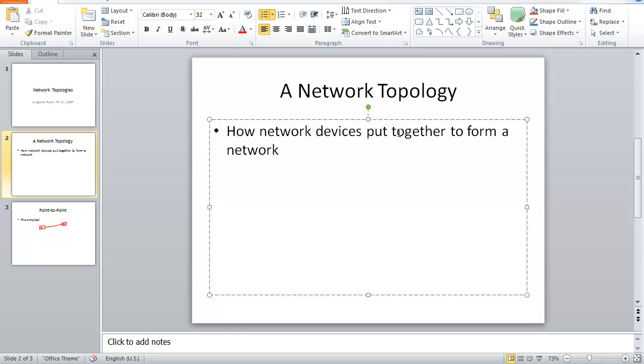So this is a physical layer concept, meaning in the topology you see the wires, you see the devices and how they're connected. That's why we say this is a physical layer concept.